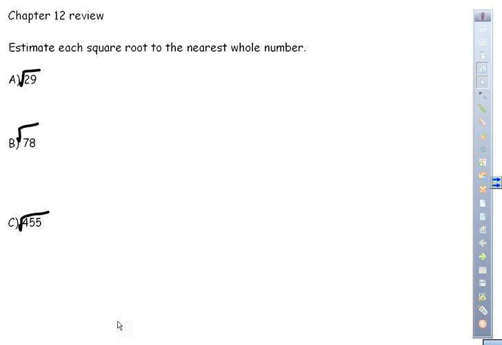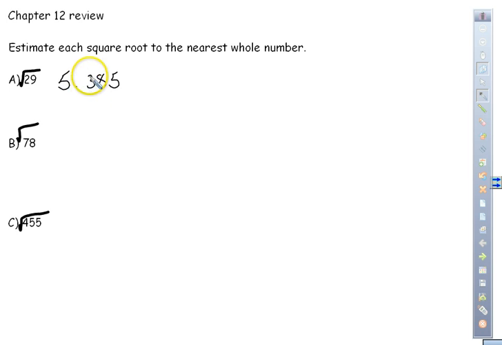Alright, so what I want you to do for this particular problem, you have the estimation part. The best thing for you to do is to simply take the square root of each of these numbers. The square root of 29 would be 5.385.